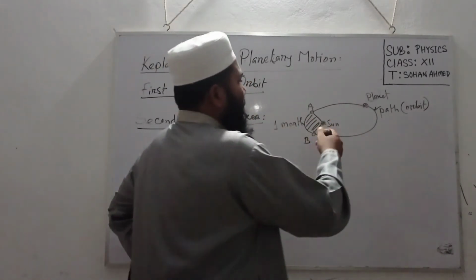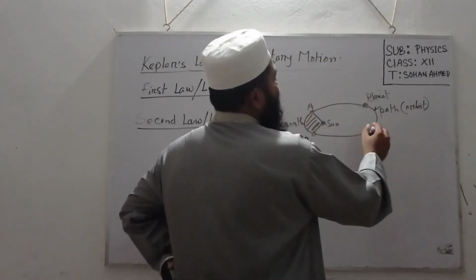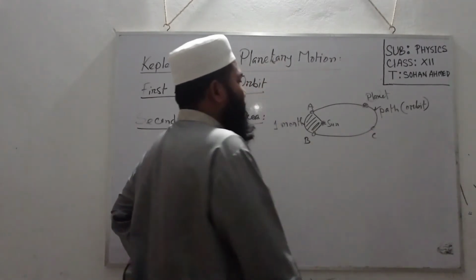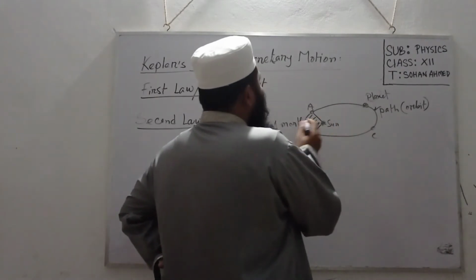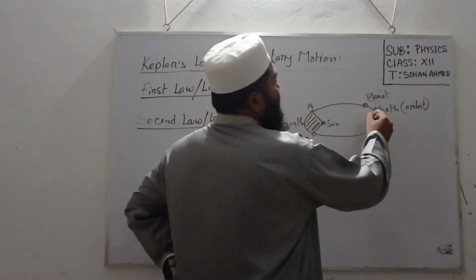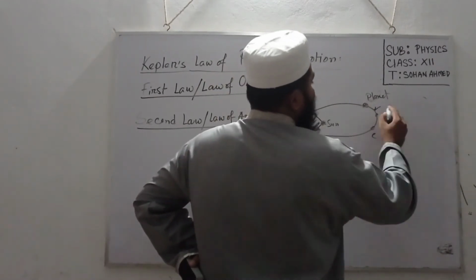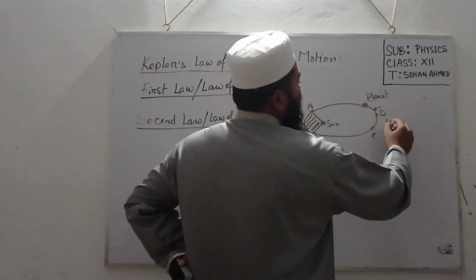Suppose at another time this planet is at point C, and in an interval of 1 month, it moves from C to D.